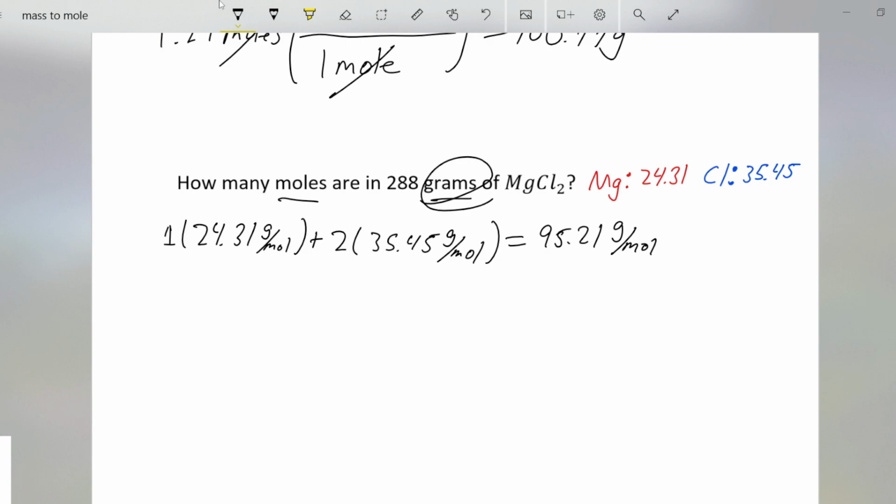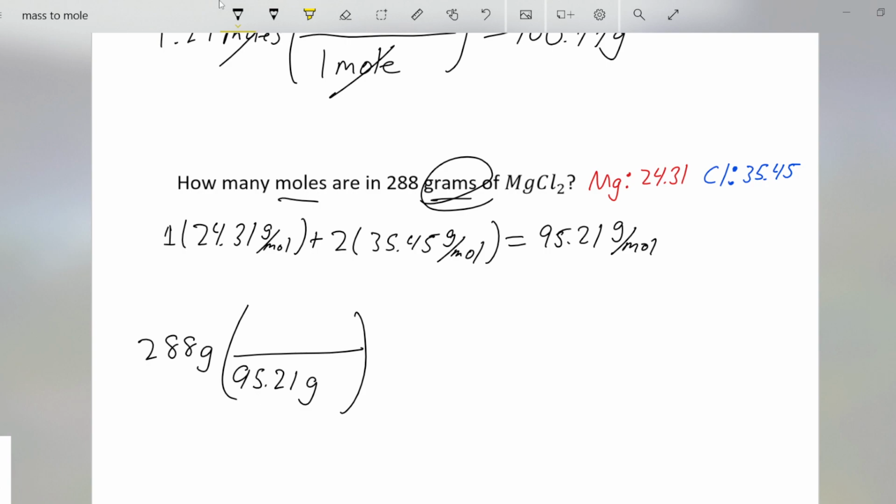Now I have my molar mass, and I can use it to go from Mass Island, grams, to Mole Island. So start off, we put our number of grams, and then I do my boat thing. Down below deck is my gram stuff. So every time you're going from Mass Island to Mole Island, you'll put the molar mass number down below.